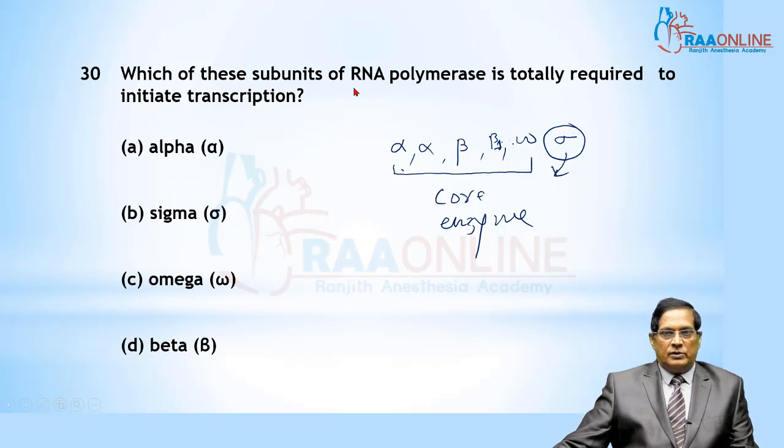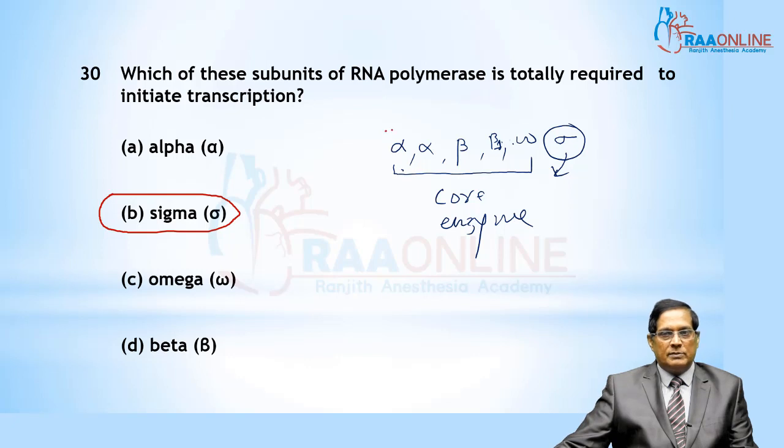So which subunit of RNA polymerase is required for initiation? Transcription is initiated by the sigma factor and elongation is done by the core enzyme.